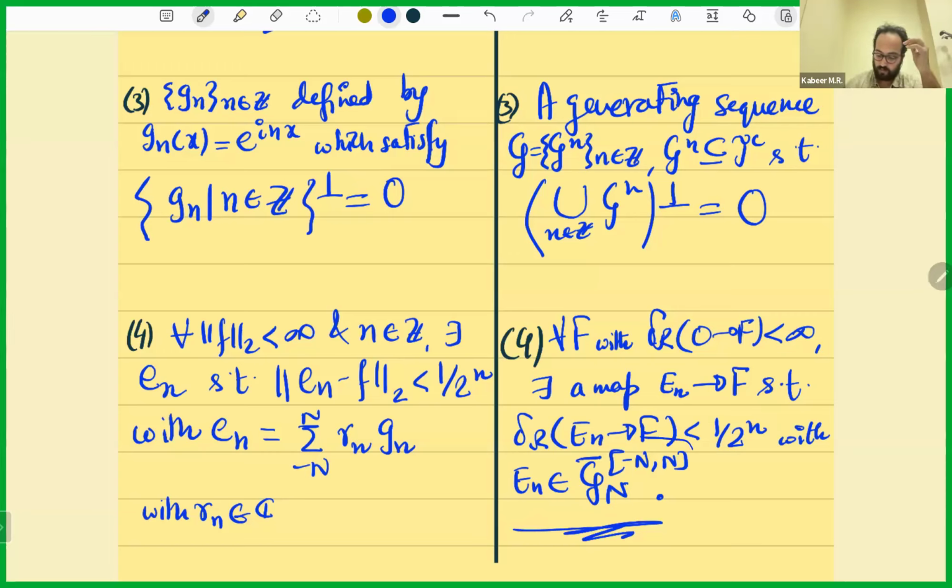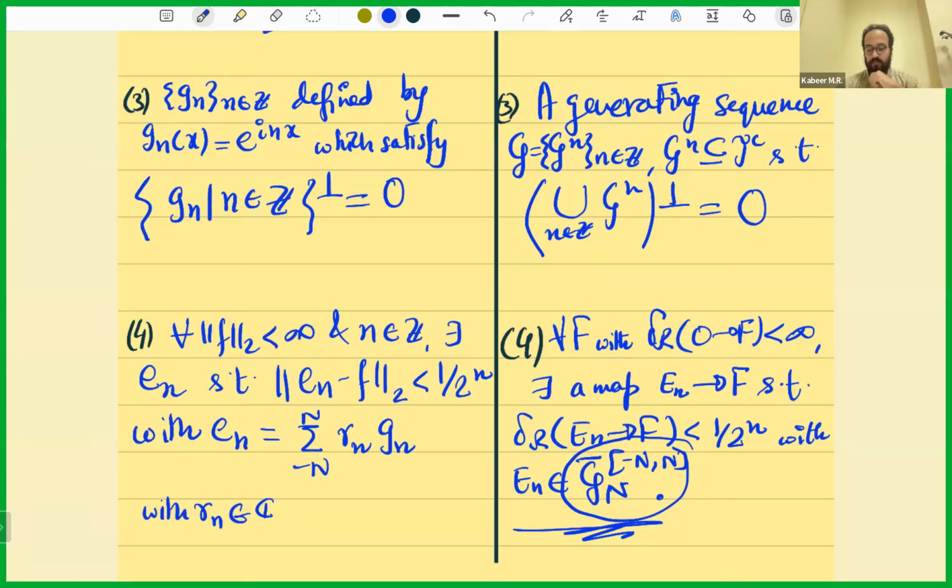Again, I've not defined what this means, but for now, it means that it can be built from this generating sequence in N steps. I'll make this precise in a bit. So this is the idea of G-approximability, or the analytic analogy.